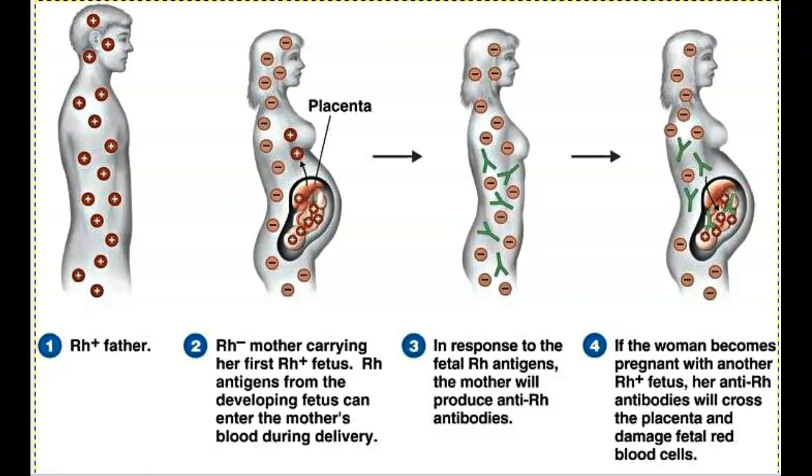Lots of times with the first child, everything will be fine. But remember, the mom is not yet going to have anti-positive antibodies unless she's been exposed. But when the baby's developing or being born, especially during delivery, there can be a mixing of the blood.